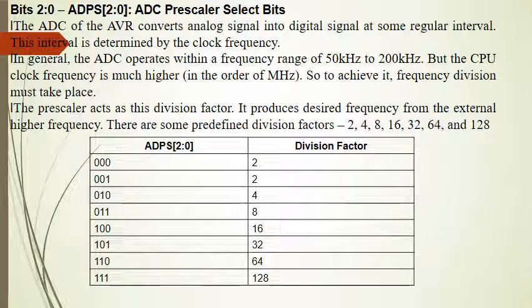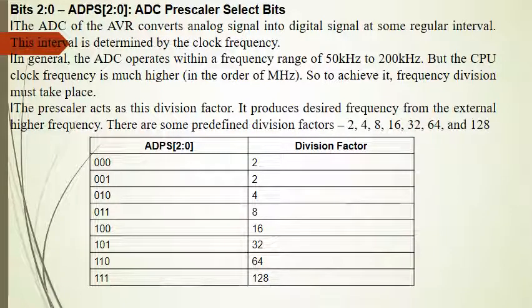The interval is determined by the clock frequency. The clock frequency within which an ADC can operate is generally in the range of 50 kilohertz to 200 kilohertz, but the frequency of the CPU is in megahertz. So it is required that the ADC be provided with a lower frequency so that it can operate properly.